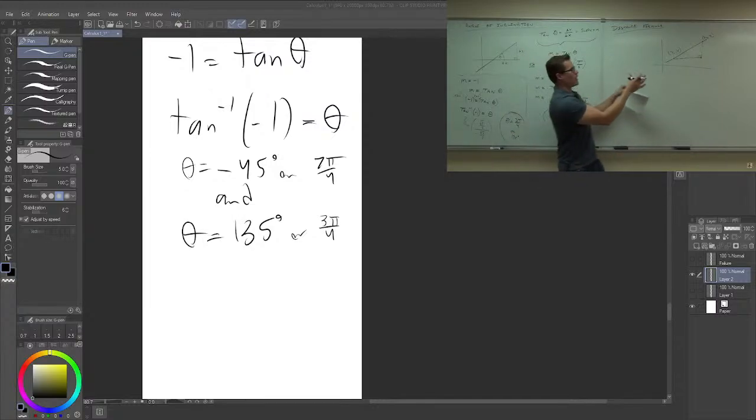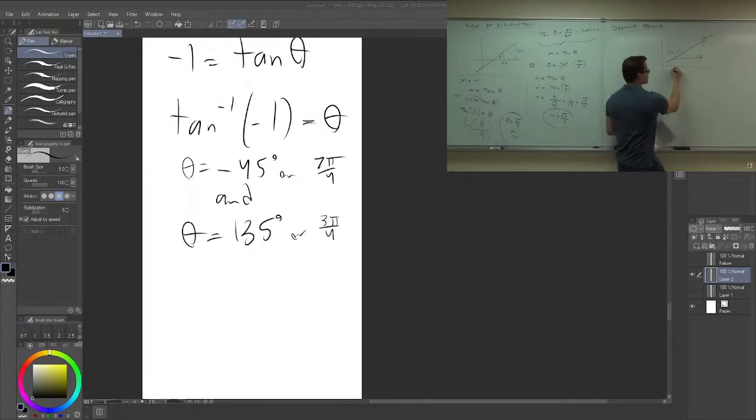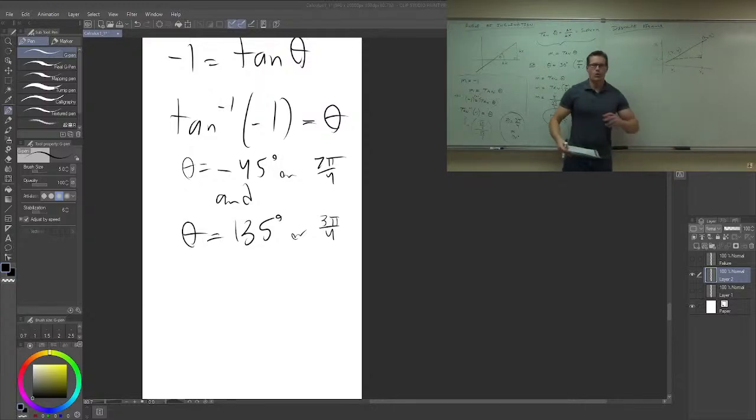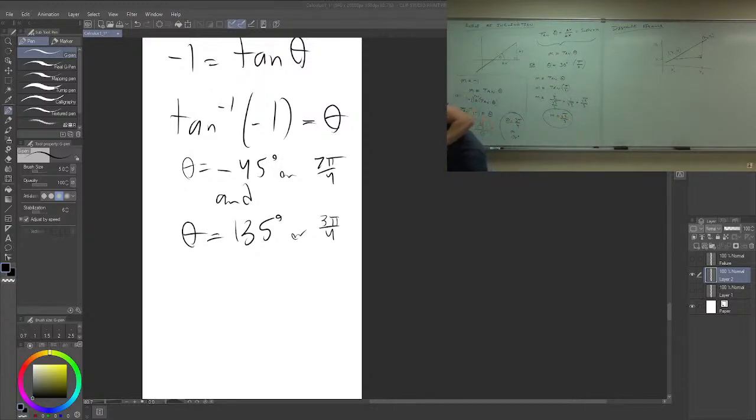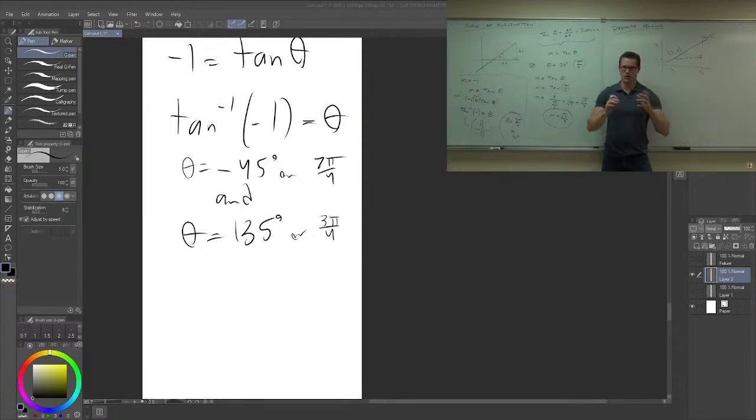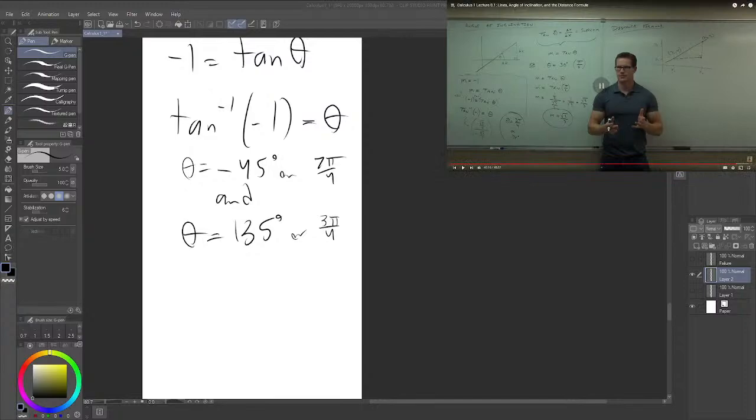If we have x1, y1, and x2, y2, well, we for sure know that's x1 and that's x2, and this is y1 and that's y2. What we want to do now, though, is use something that relates this side, and that's a right triangle. What relates to that? The Pythagorean theorem, absolutely, you're right.